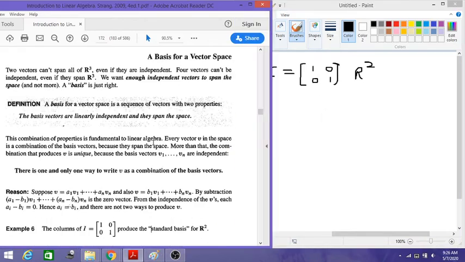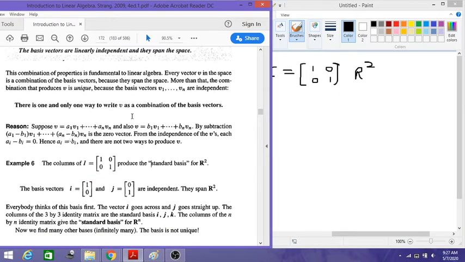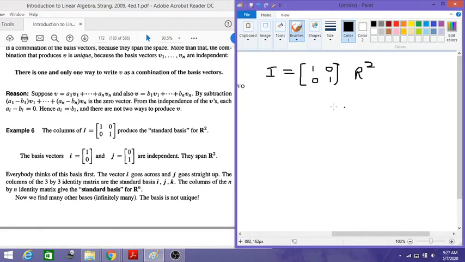As per the definition, what are the 2 properties? The basis vectors are linearly independent and they span the space. Whether they are independent: yes, they are independent, because if we see these vectors here, 1 0 and 0 1, there are two pivots here, and the rank of the matrix is also 2 when r is equal to n.